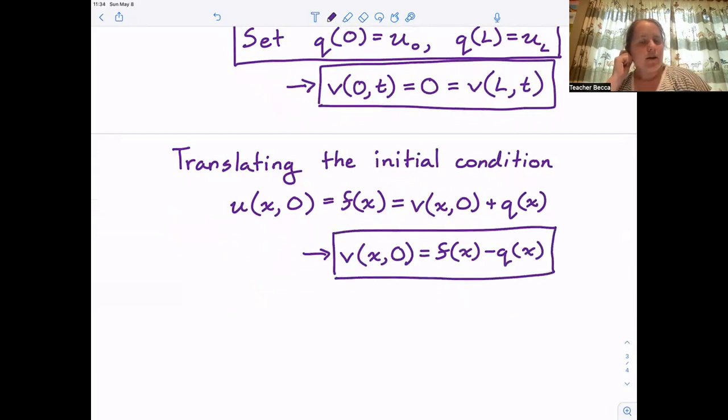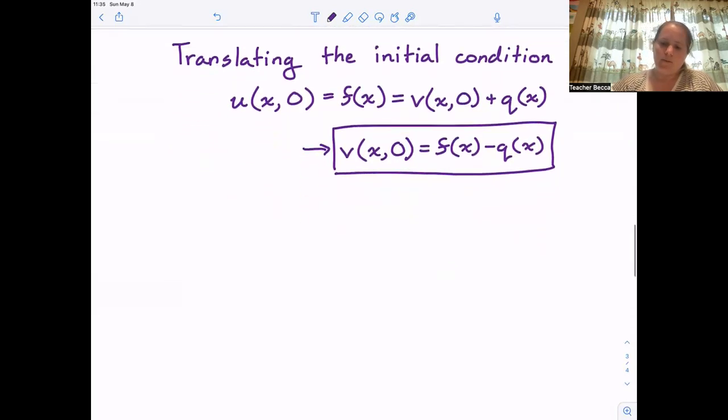So here, our V, we have boiled it down to a homogeneous heat conduction problem in a rod with 0 boundary conditions, and then an initial condition, which is simply a function. And we have a way to solve for our Q. So what we get is putting this all together.